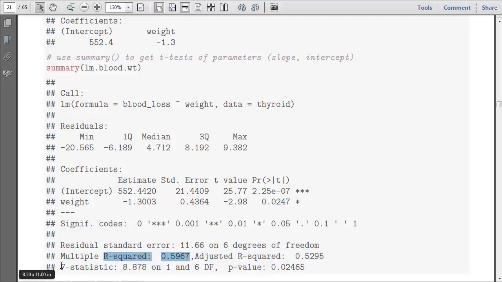And finally, we have an F statistic, which we're not going to worry too much about, but you'll notice that this p-value is the same as this p-value here for weight. And we'll talk more about that next semester when we discuss multiple regression. So for you, the primary information down here at the bottom is the R-squared value of 0.6.